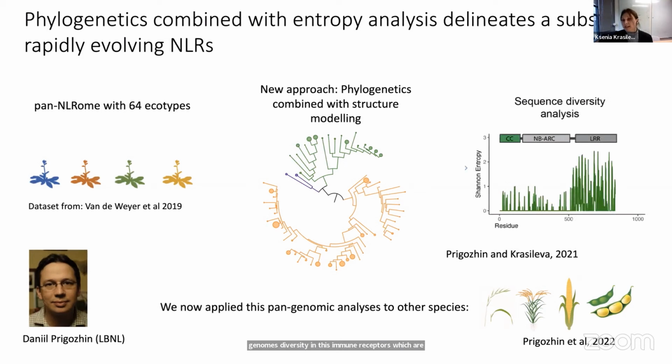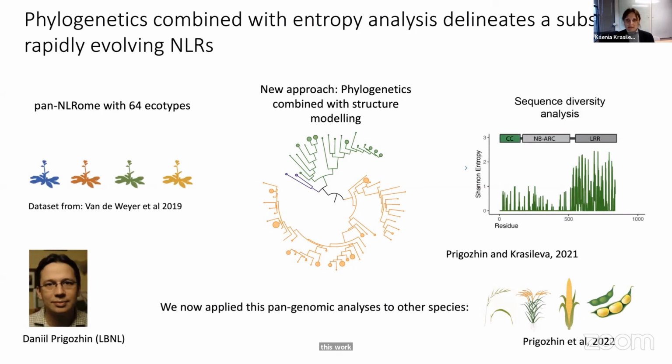We've also applied sequence diversity analysis that hasn't been applied before to innate immune receptors, but is often used for antibody diversity, to detect and predict rapidly evolving ligand-binding sites in antibodies. So we've applied it now to NLRs. We've published this work for Arabidopsis, and have now applied it and preprinted it for a number of crop species as well.